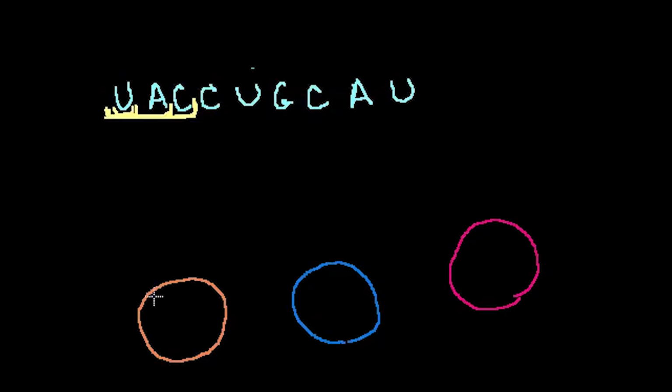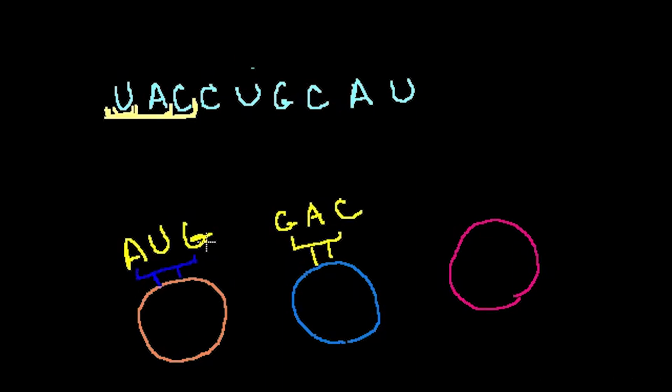So this amino acid is attached to a tRNA molecule that has the code A, U, G. And this one right here has the code G, G, A, C.